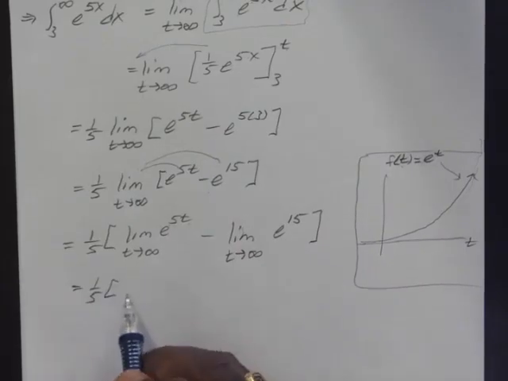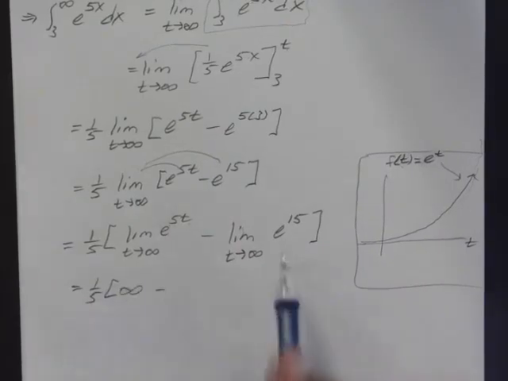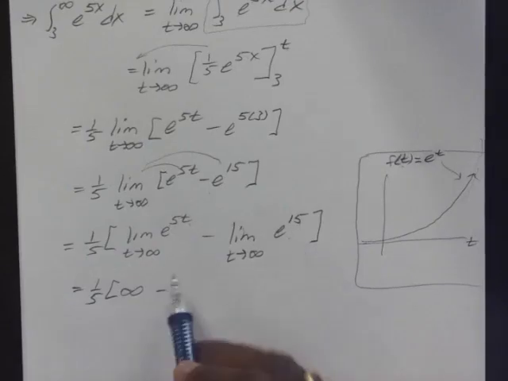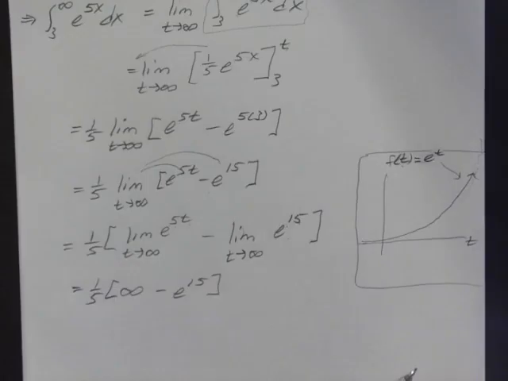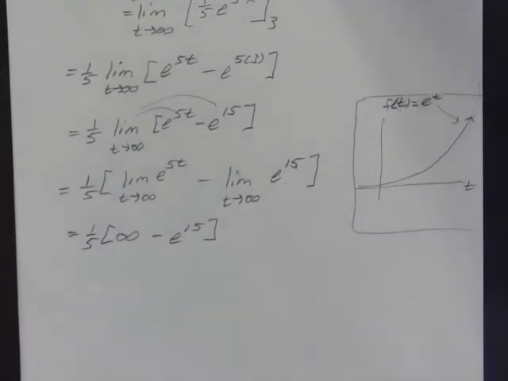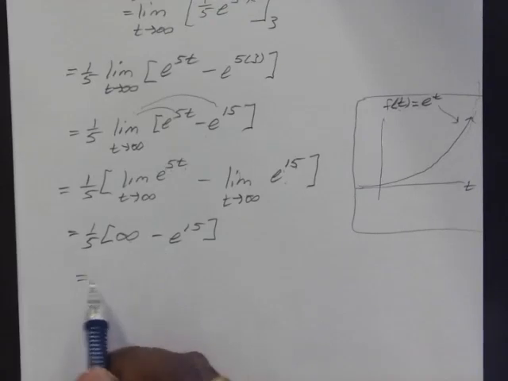That's just 1/5 times infinity minus, and the limit of e to the 15th power is still e to the 15th power because that's a constant. But it doesn't matter because infinity minus anything is still going to be infinity.